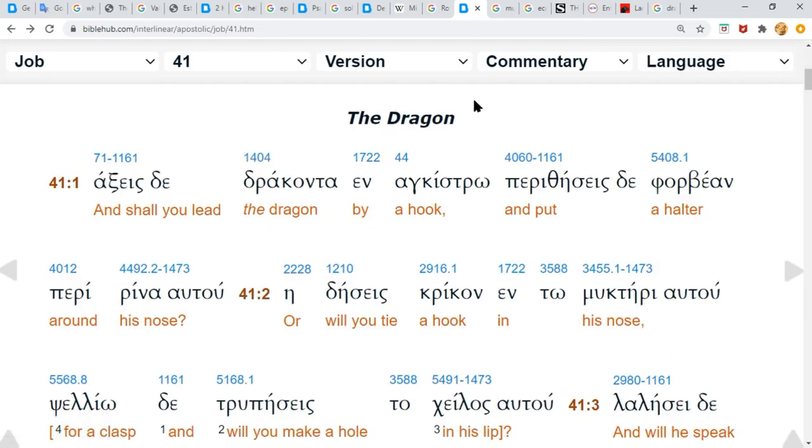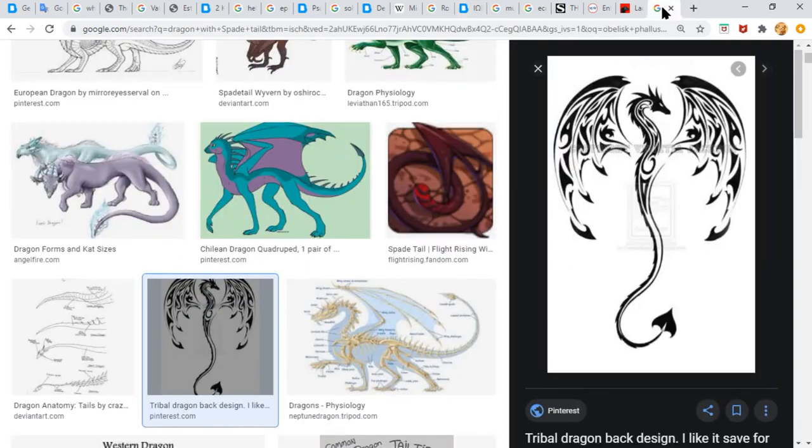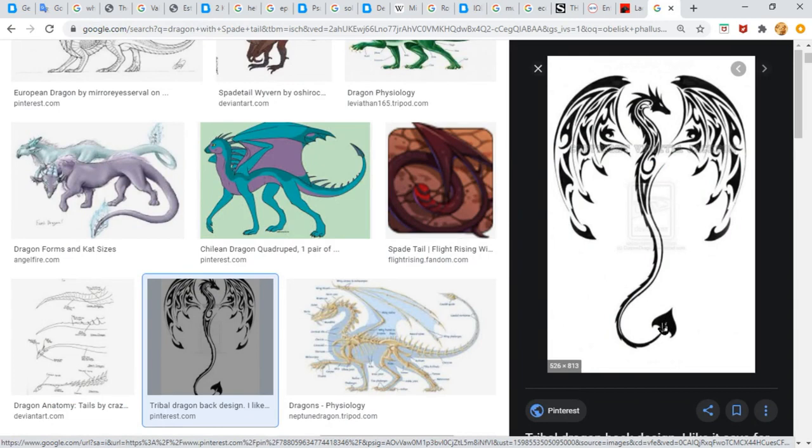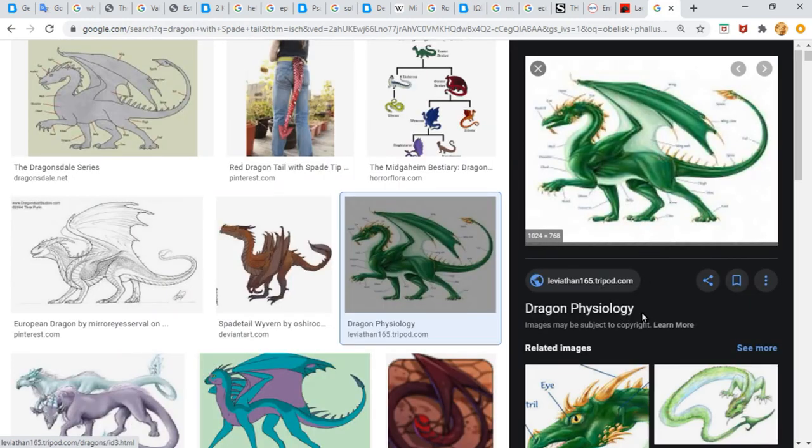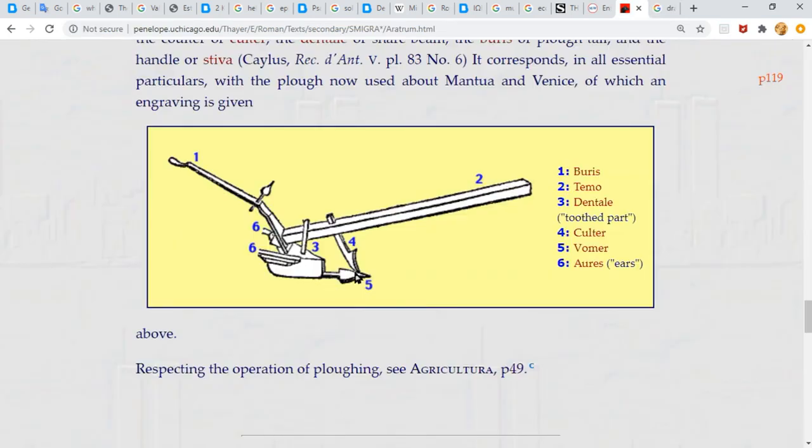And as to the dragon here, you'll notice in all that old dragon art that he's got a spade tail. And that's the spade that your dragon is, a plow. A spade tail.